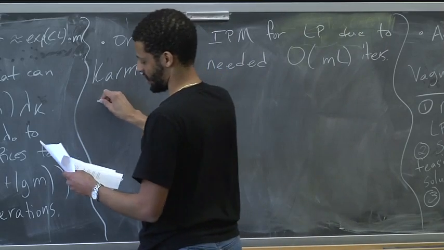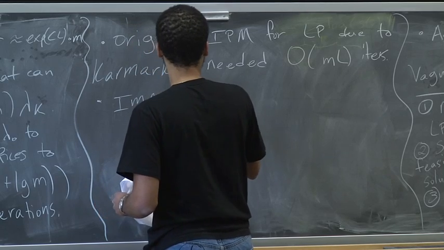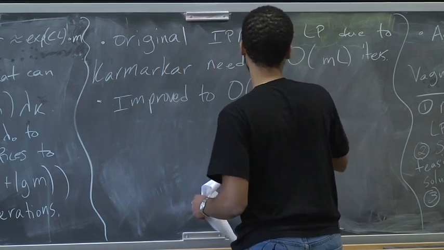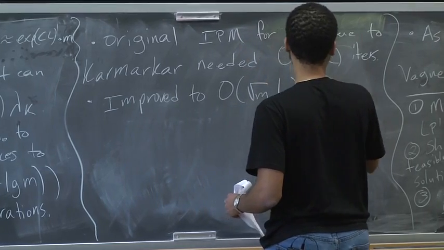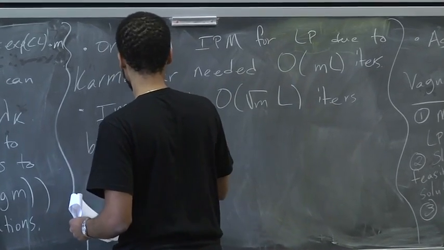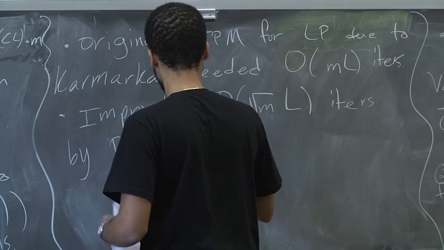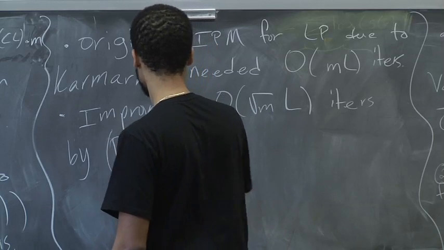Okay, and this was improved to O of root m L iterations by Renegar. This was in 1988.